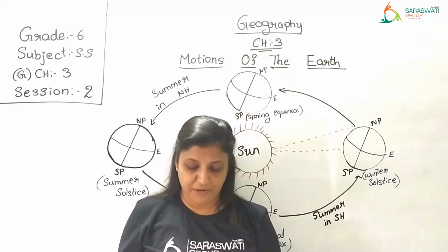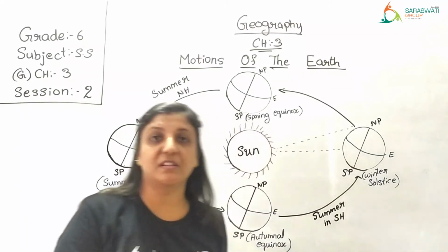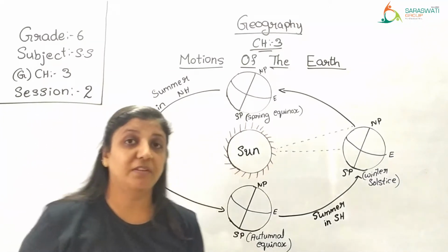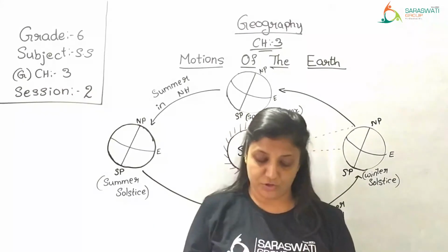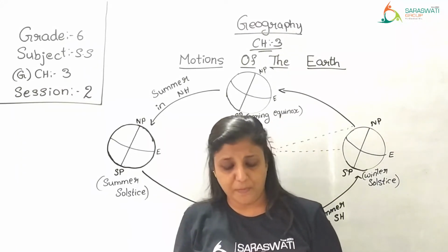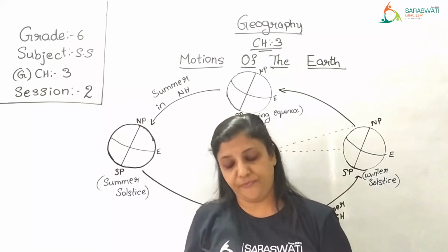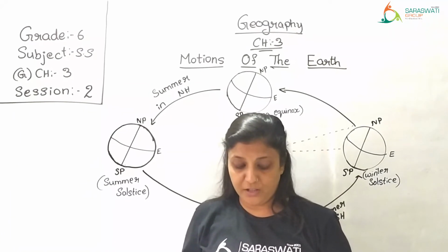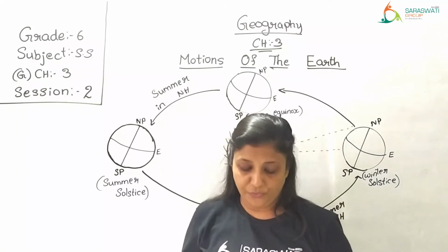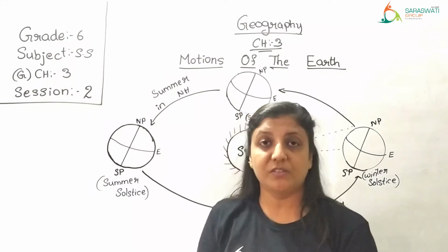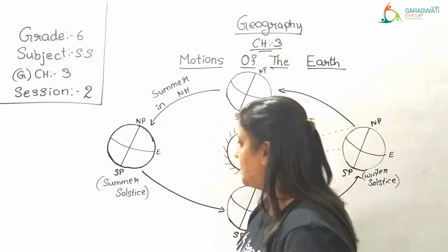The figure given below will help you understand the occurrence of seasons. See, this is a figure that is also given in your book. You can see the figure right on the board. It shows the position of the earth in its path of revolution on 4 different dates. Look at the 4 positions carefully. First one is 21st June. Let me mark it for you.